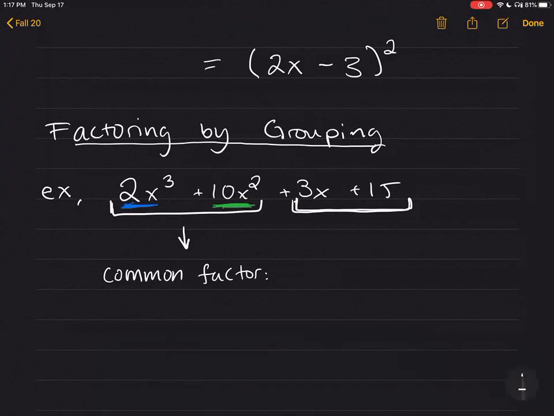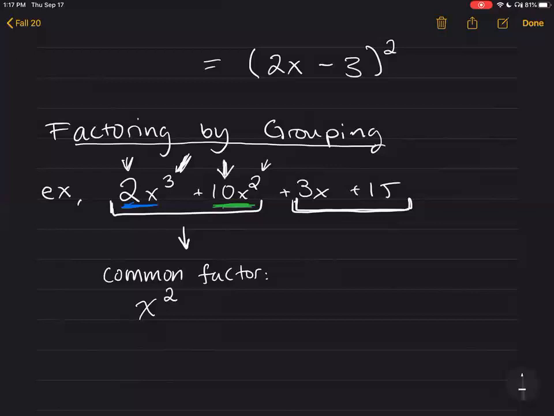So they obviously both have some x's in them, because this is an x cubed and this is an x squared. So we know that we have an x squared because we can pull out an x squared from this one here. And if you notice, 2 and 10 have a common factor. So we know that we can pull out a 2 because 2 goes into 10.